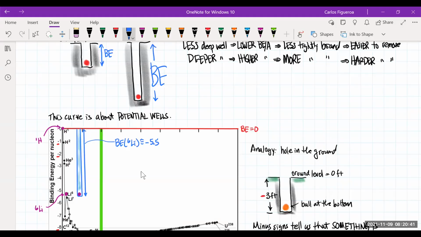Now there are some units which are called MeVs, but I'm not going to worry about the units because we're going to look at relative quantities.